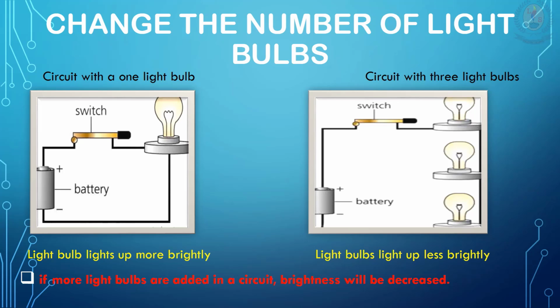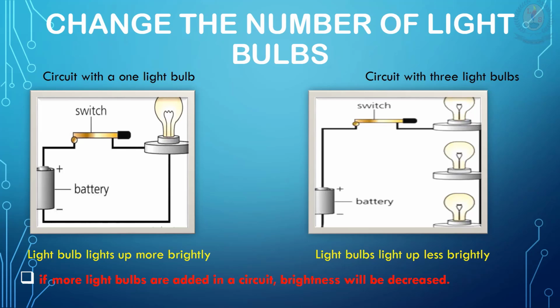In the first circuit, it has only one light bulb. So, the energy of the battery is taken by only this light bulb. Therefore, the light bulb lights up more brightly. But in the second circuit, we know there are three bulbs, and the energy has to be supplied by only one battery.